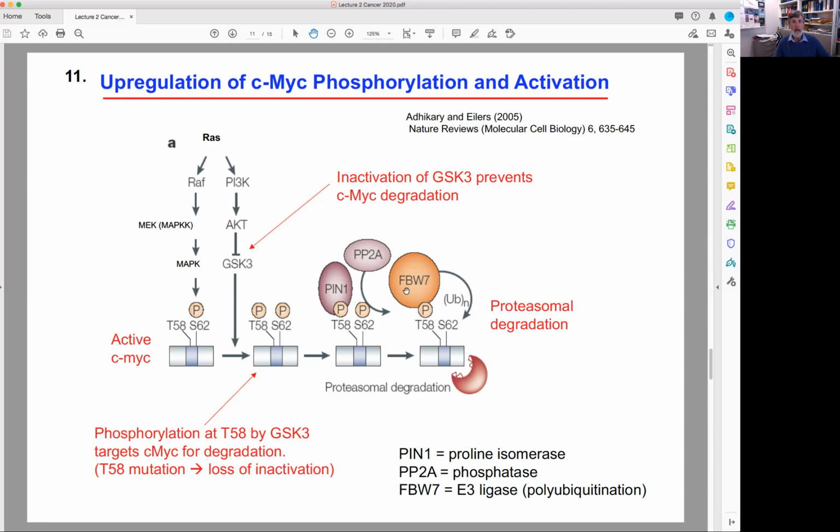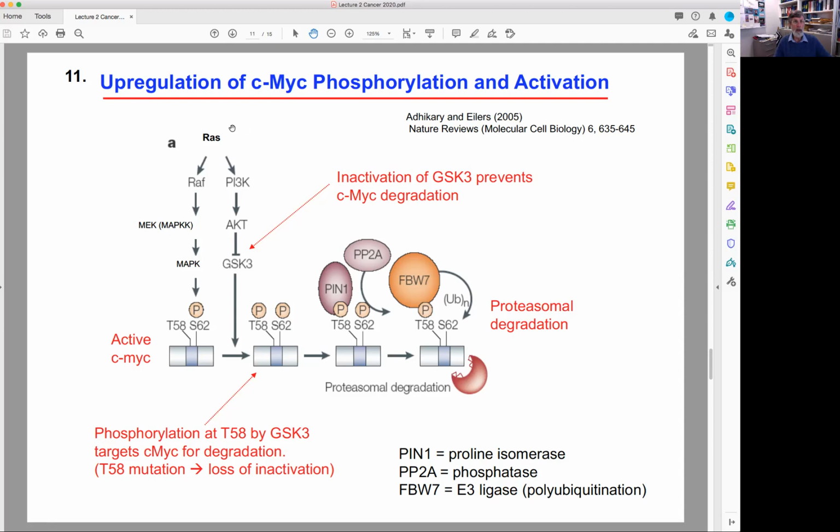So the FBW7, which is an E3 ligase, which basically catalyzes polyubiquitination of the MYC, is active. So the ubiquitinated MYC is then targeted to the proteasome for degradation.